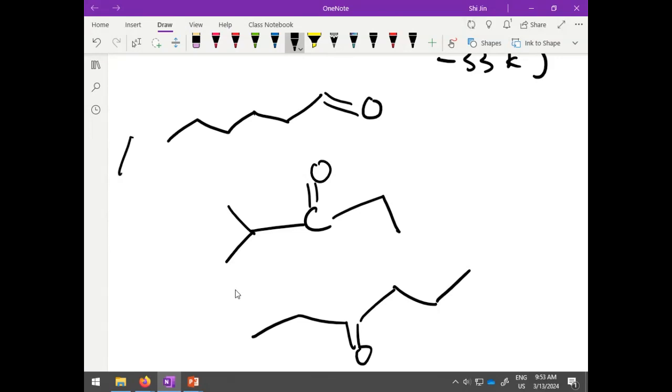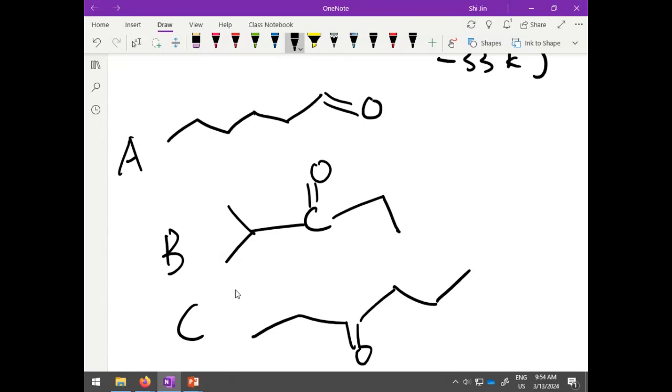The first one, because that's the only aldehyde, the only one with a single alkyl group. Then which one has the lowest hydration equilibrium constant? It should be the second one.